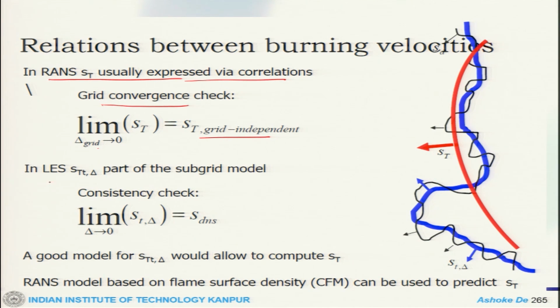But in LES, ST delta is part of the subgrid scale. So the consistency check is that when delta tends to 0 it should go to DNS. So that is where it is important. That means they are consistent in nature, so that you can use this.